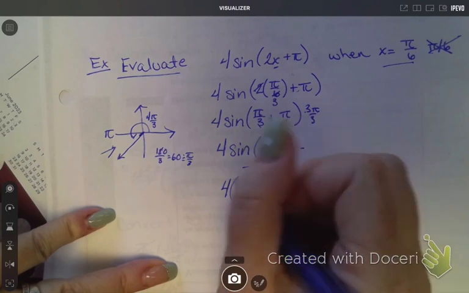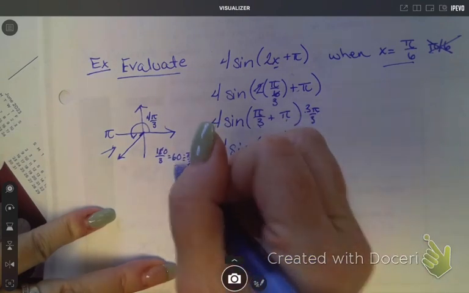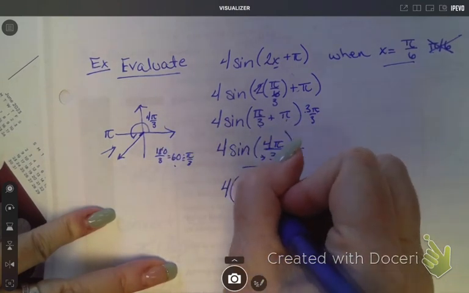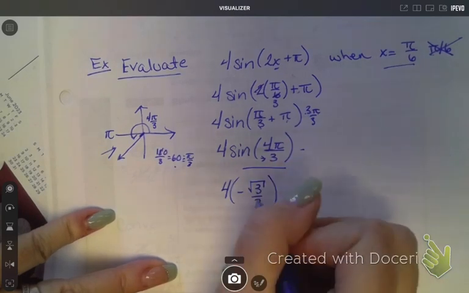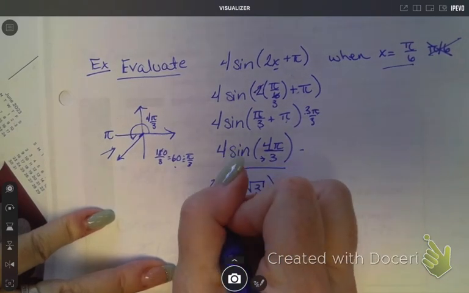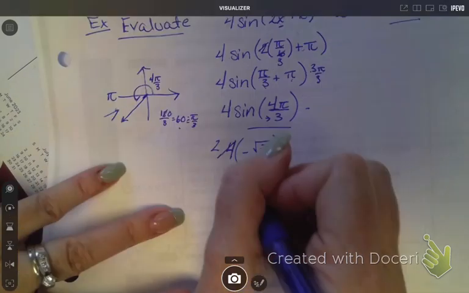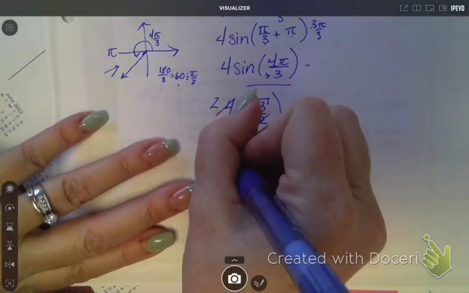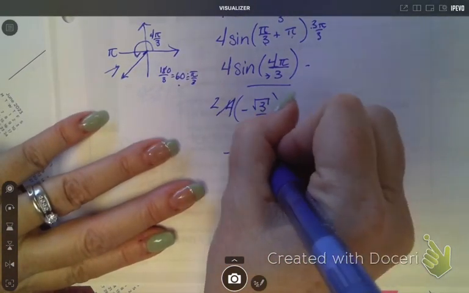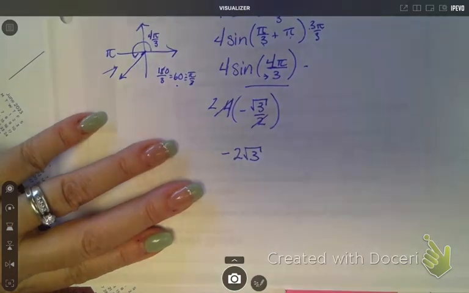And then of 60, well, opposite of 60 is square root of 3 over 2. So 2 goes into 4 twice. So my answer then, I feel like I'm off the page, sorry, is negative 2 square root of 3. So just step through that process.